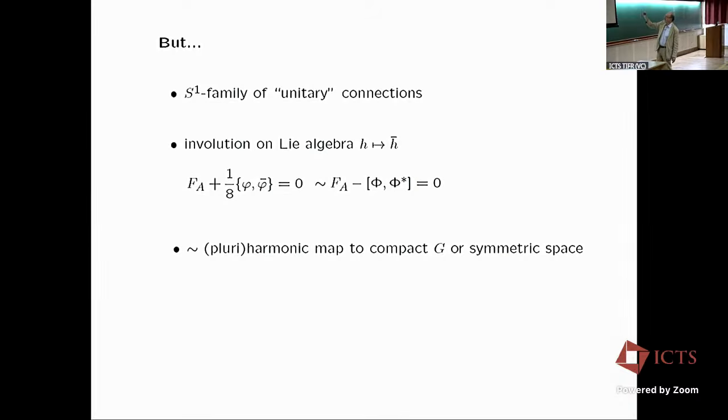So this is more analogous to looking at harmonic maps, or in this case, pluriharmonic maps into a compact group G or a symmetric space. If you look at, for SU2, this other Higgs bundle content, that corresponds to harmonic maps into the 3-sphere, the group SU2.